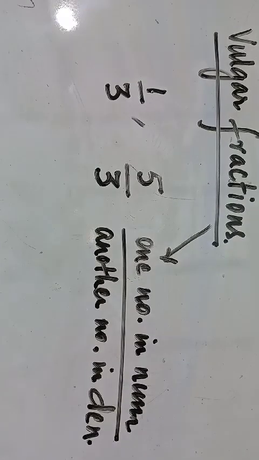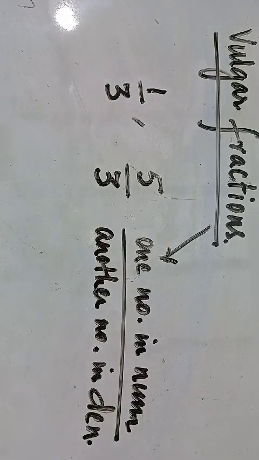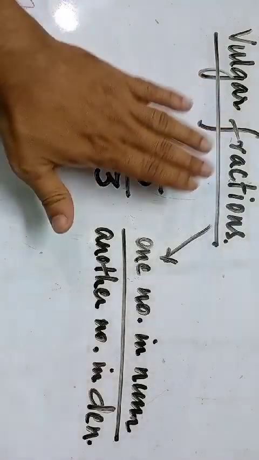So when we say that 1 upon 3 is a fraction and 5 upon 3 is a fraction, what is a fraction? A fraction is a particular way of denoting a number in which you write two numbers separated by a line in between. All these ways of writing fractions are known as vulgar fractions.